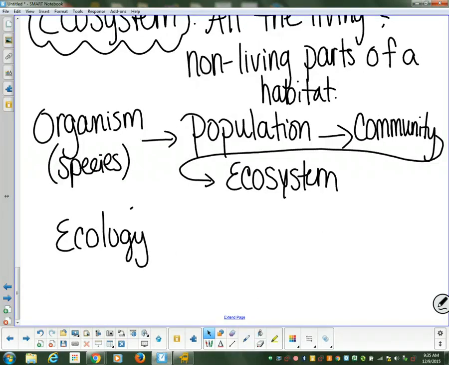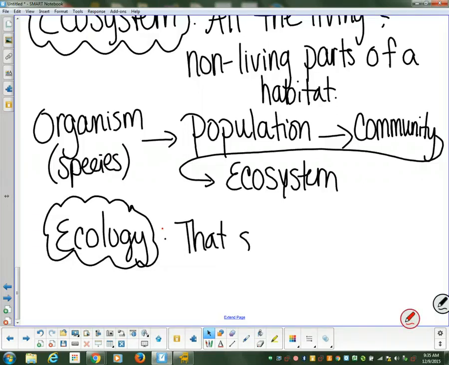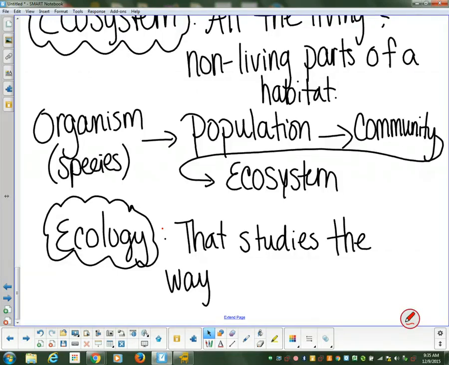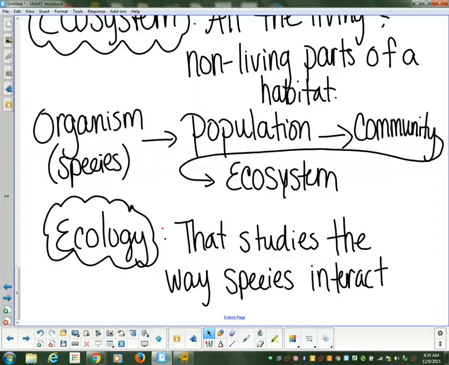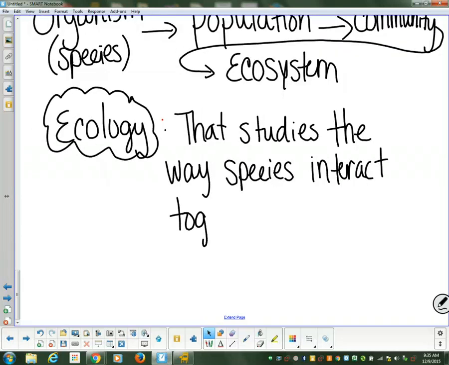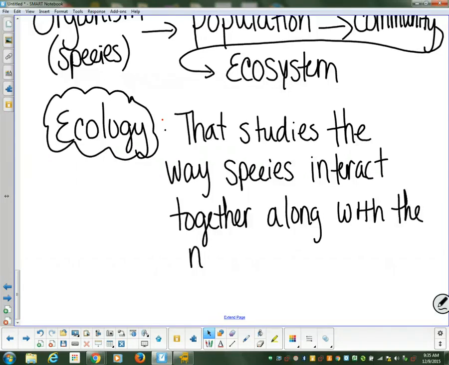Ecology is a branch of science that studies the way species interact together along with the non-living parts.